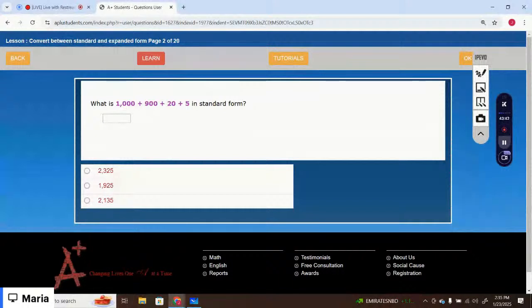So the correct option is that is 1925. That is the expanded form. When you write them with their place values and addition signs, that is the expanded form, and that is the standard form.